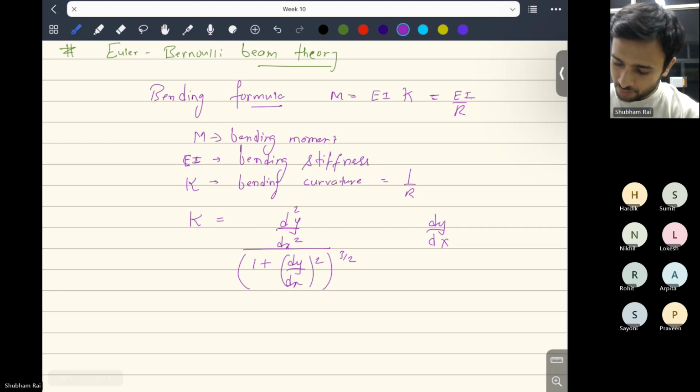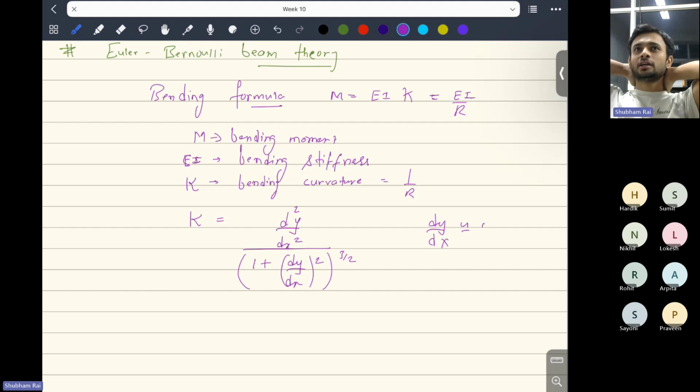We also say that the slope of the beam is small, and this is true for many kinds of beams. Say you have a house or some stadium made of steel bars reinforced in concrete.